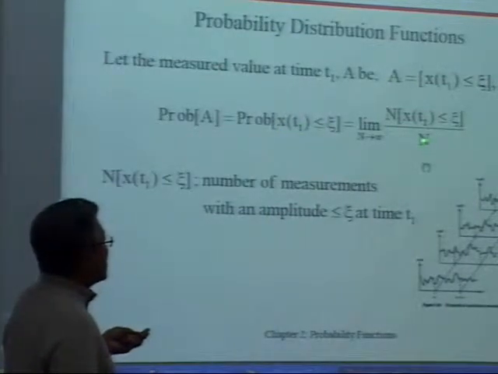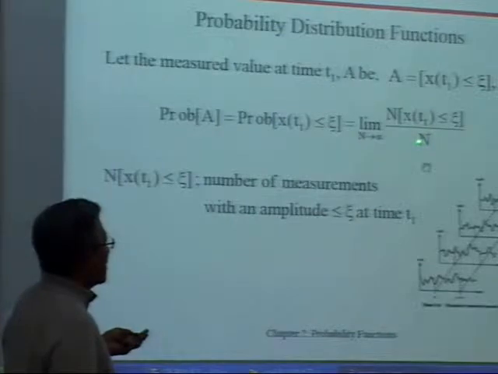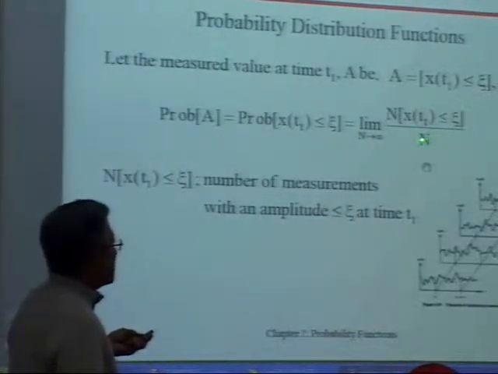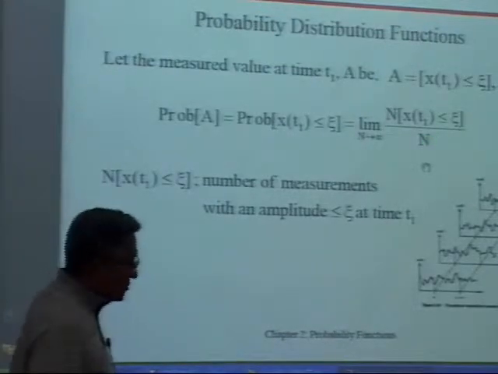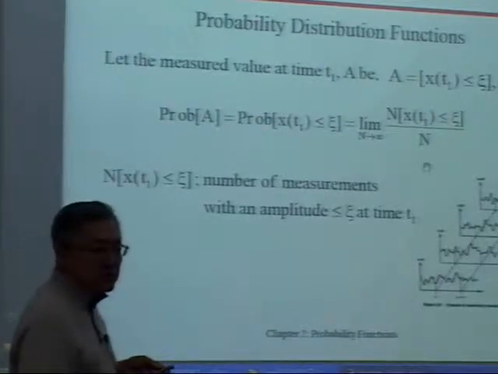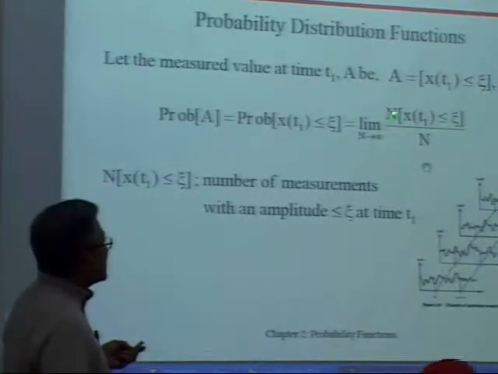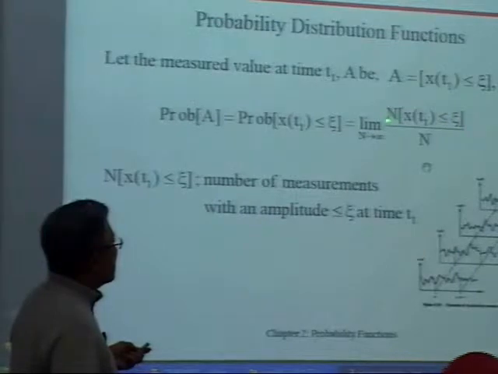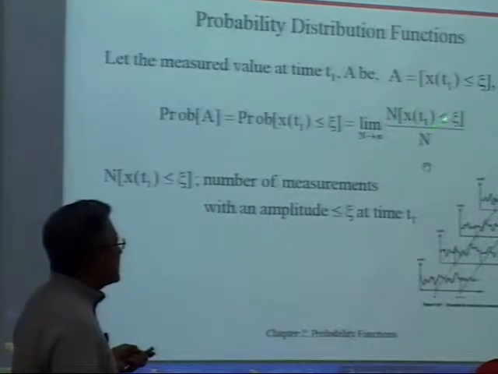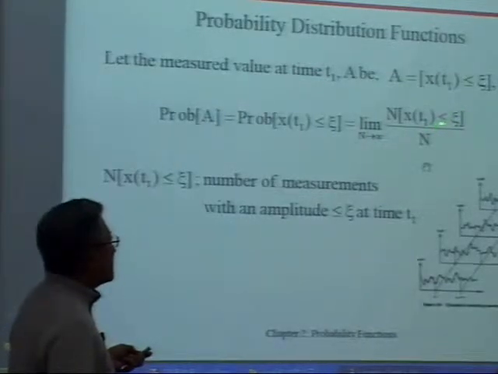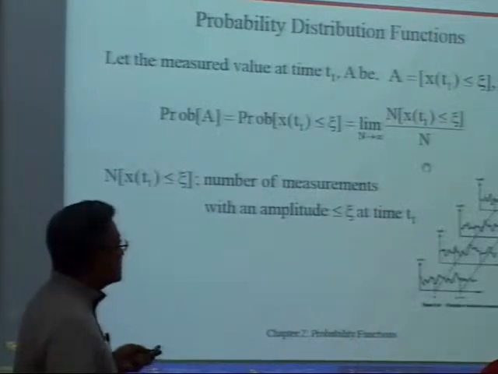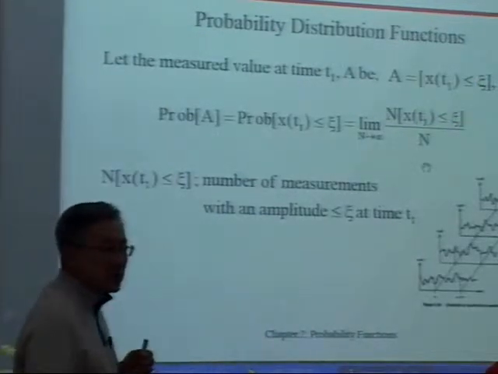So N is the total number of trials or experiments or events. You throw the die 100 times, then N is 100, okay? Then what's the chance, the number of events that x at time t1 is less than or equal to chi, okay? Chi is a fixed value.